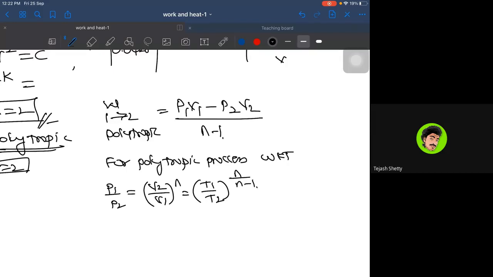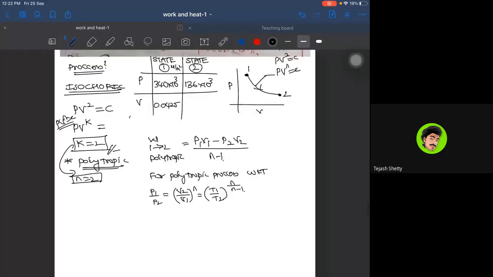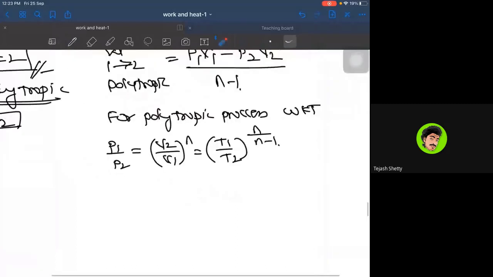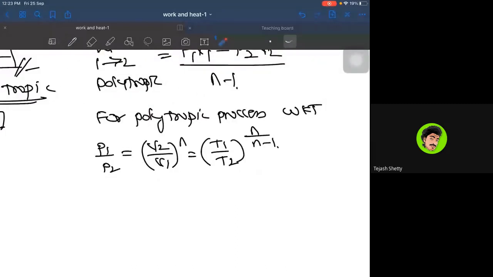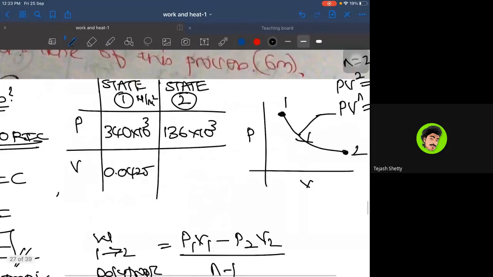Now, I am correlating here the pressures and volumes between state 1 and state 2. So if I consider just these two, it is P1 by P2 is equal to V2 by V1 whole to the power of n. Now, I want the value of V2, right? V2 is unknown here, so I should extract the value of V2.